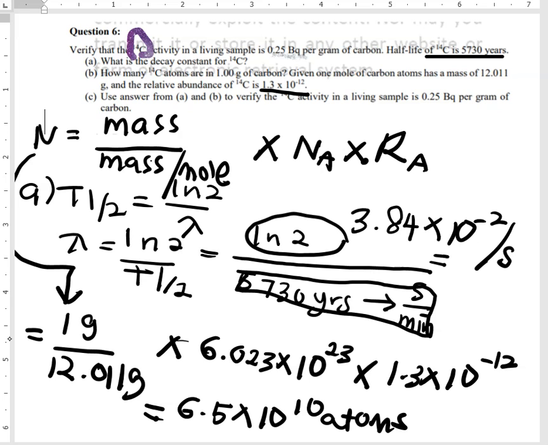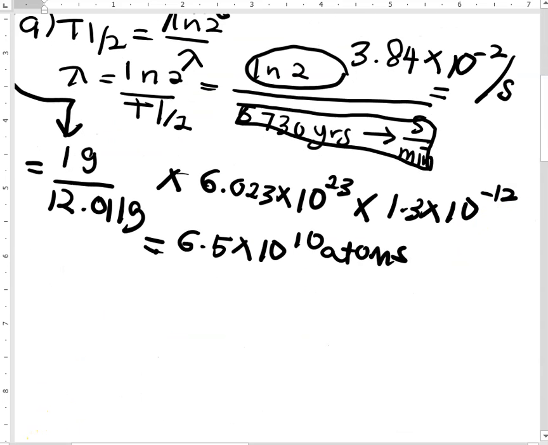Now we continue with C, where using the answers from A and B, you need to verify the activity of this carbon for a living sample of 0.25 becquerel per gram of carbon. So you're supposed to know the relation between R and the mass in this question.